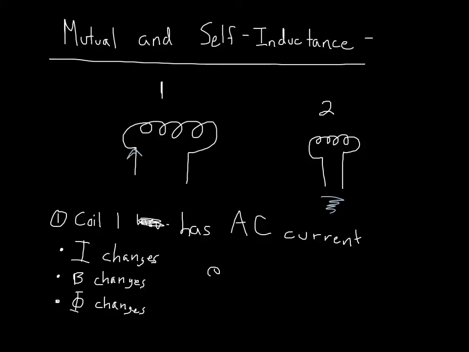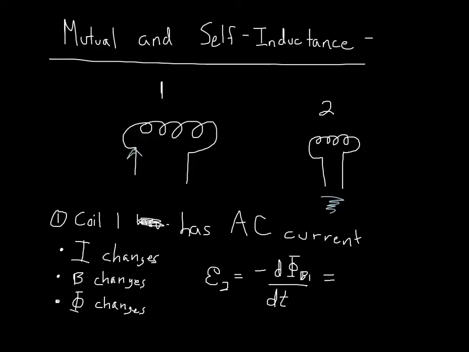The induced EMF, E2, is going to be equal to the negative change in the flux through coil number 1. And we calculate this change by taking the derivatives. A shortcut for getting these induced currents is going to come if we know the mutual inductance in our system.